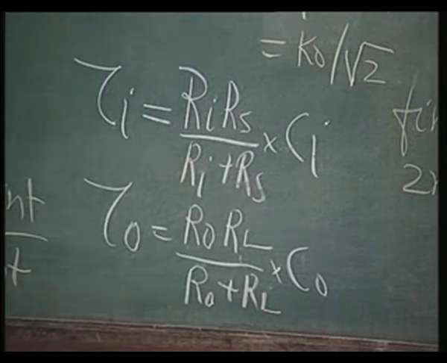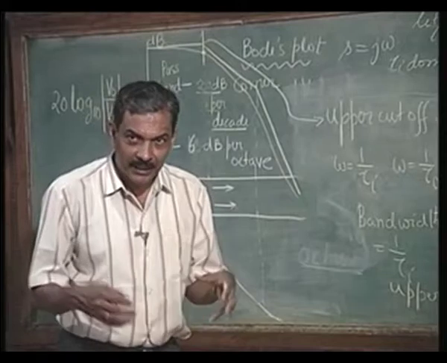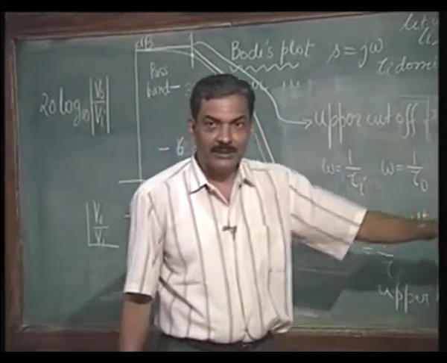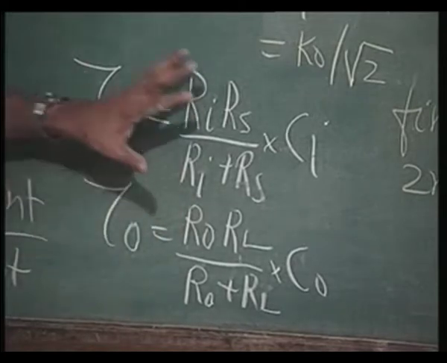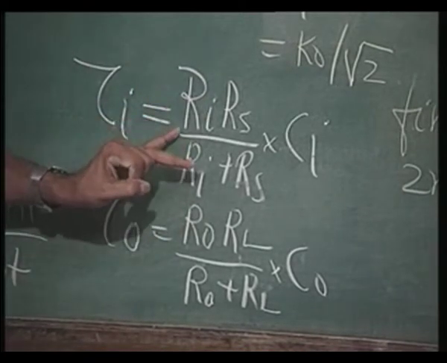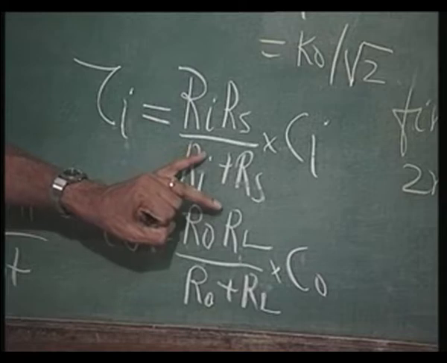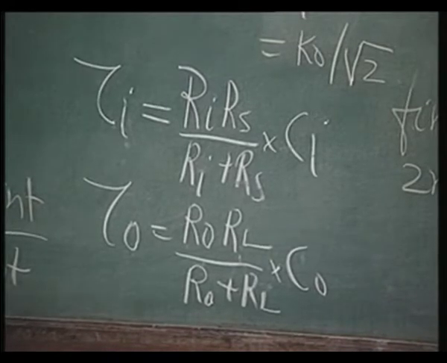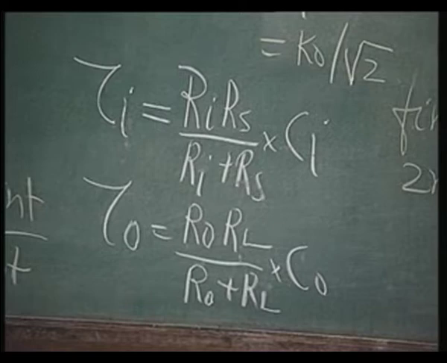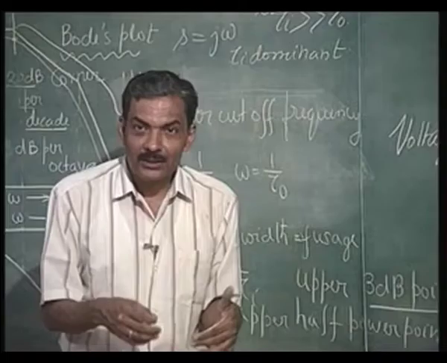So wideband amplifiers also are called pulse amplifiers. So even if you are designing a pulse amplifier, same design features are valid. You have to make the capacitors very low. You have to make either the source resistance or input resistance very low. If you make source resistance very low, you are calling it voltage source driven. If Ri is made very low, it is current controlled.